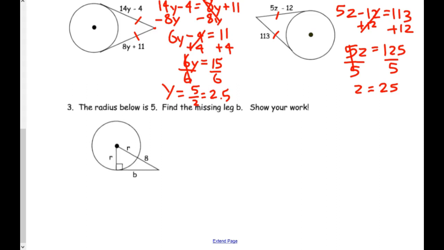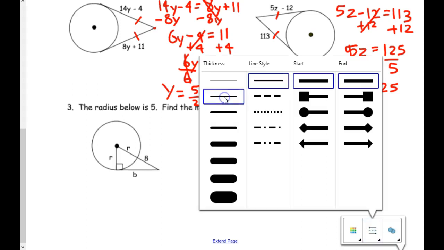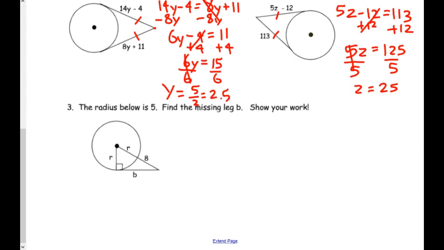This should remind us of a quiz we took, and that first assignment still. If we know that the radius below is 5, then I'm going to replace r with 5 and 5. I need to think, what's this whole length? If that's 5, and that's 8, 5 plus 8 is 13.